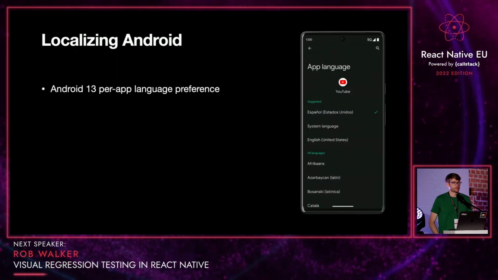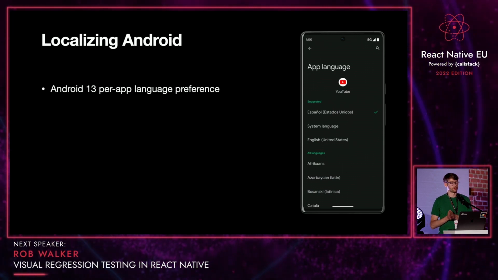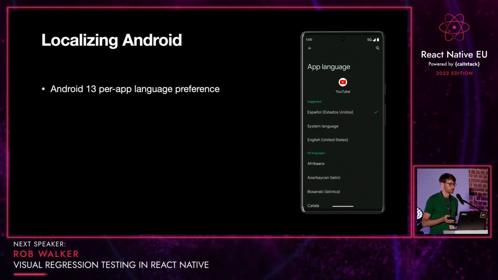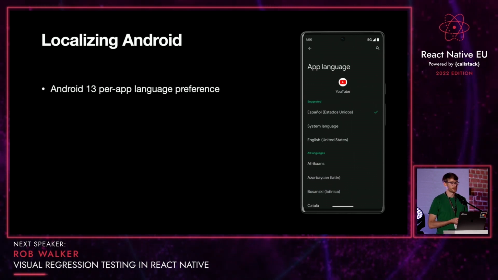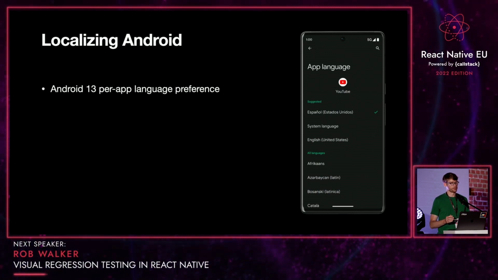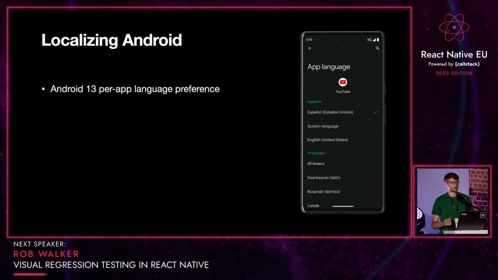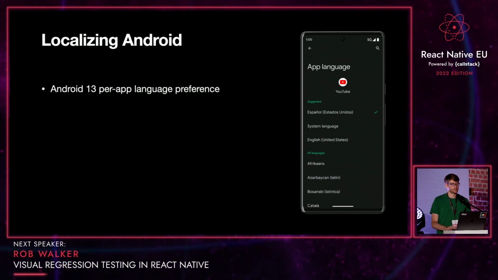On Android, for a long time there was no notion of changing the language of your app. It would just take the active locale from the system settings. But as of Android 13, this is fresh out of the oven, there's going to be this per-app language preference feature, which is going to allow you, same as in iOS, to change the active language of the app.